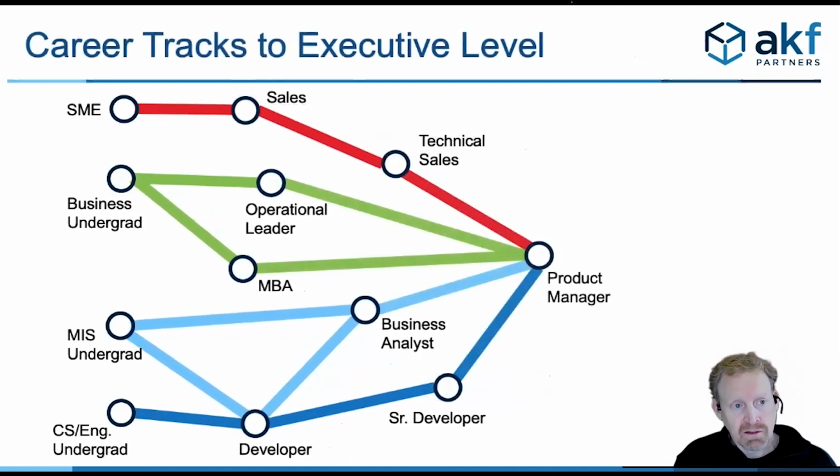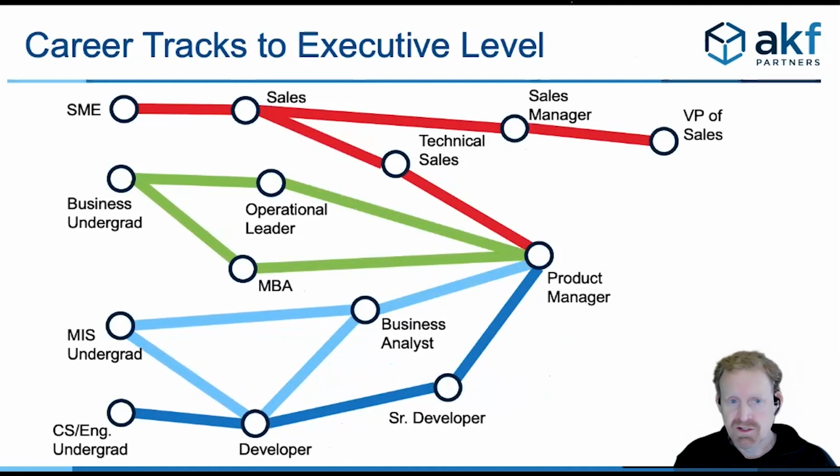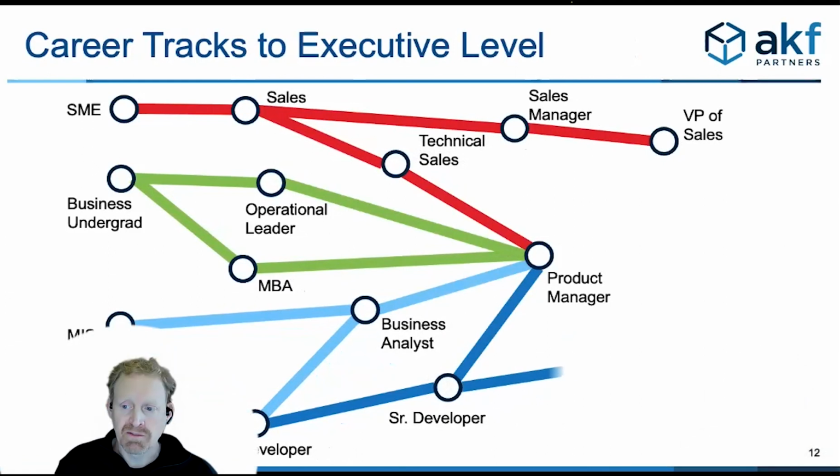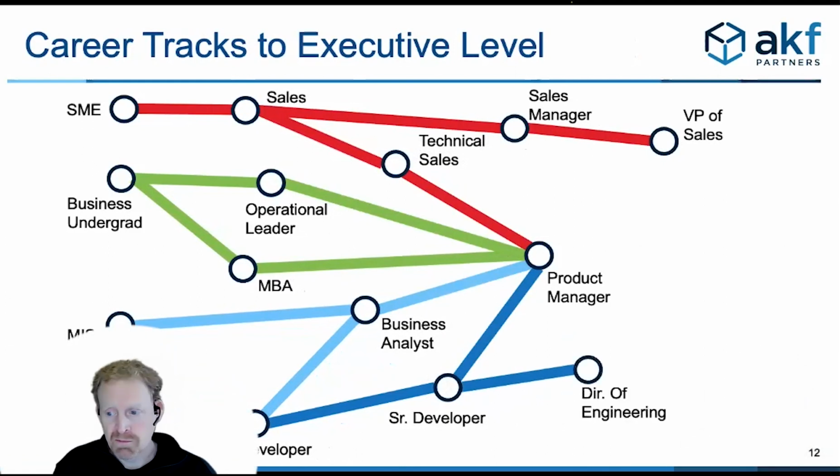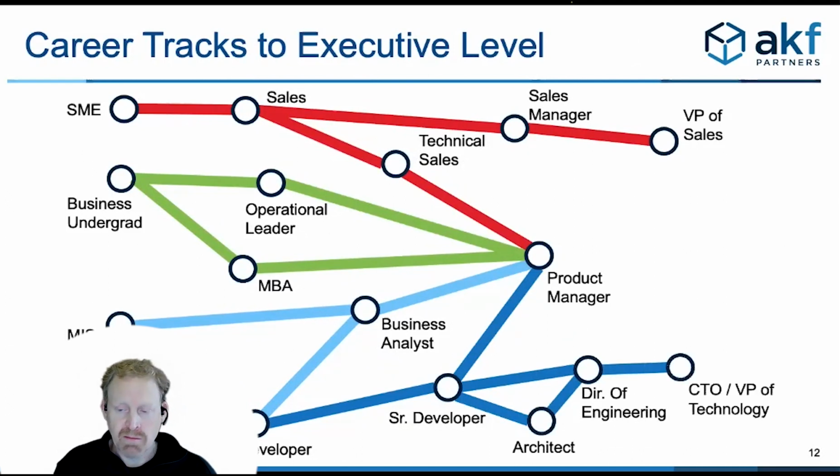From there, product managers have a career path to chief product officers. And so there's different paths. And if you didn't take that branch, a salesperson may become a sales manager. They may become a VP of sales. A senior developer may become a director of engineering, may become an architect, and they may become a CTO or VP of technology.